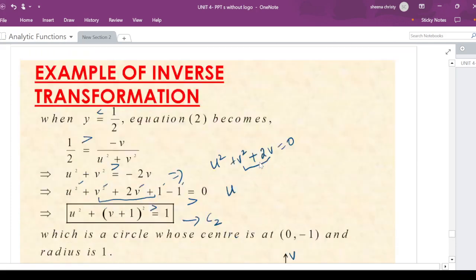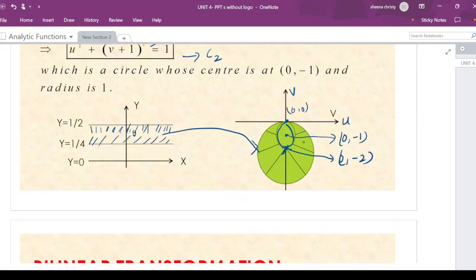Interior of circle 1. So, this one you can take as circle 2 and this is circle 1. Therefore, interior of circle 1 and exterior of circle 2, that you have shown in green color in striped form.